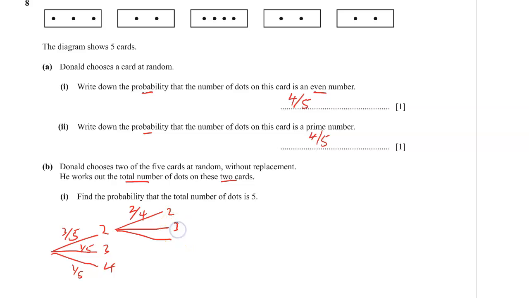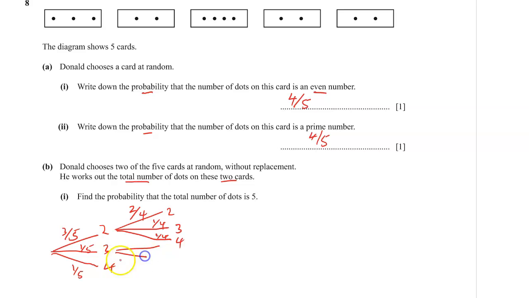For 3 dots, after you have picked the first card, it will be 1 over 4. And for 4 dots, after you have picked the first card with 2 dots, the third one will be 1 over 4 as well. Likewise here, over 4.